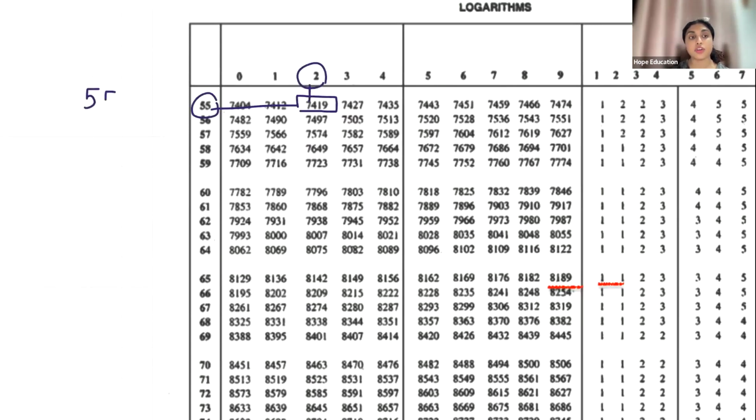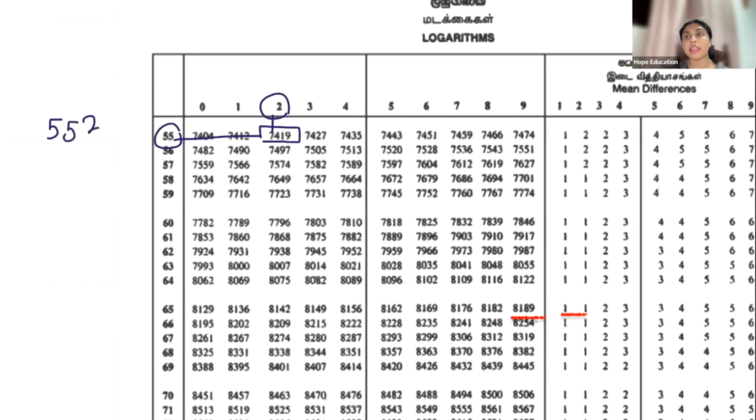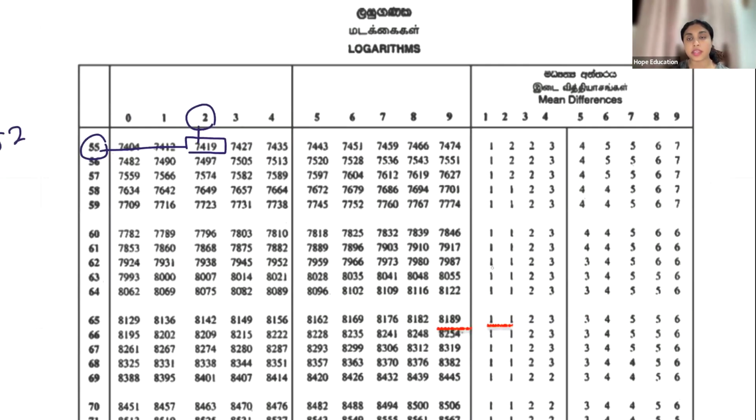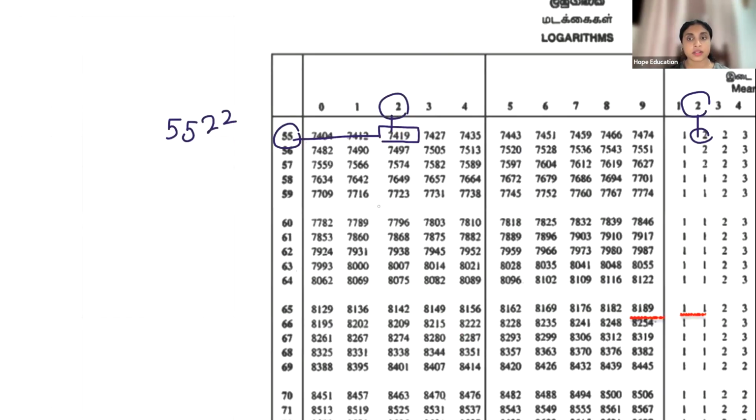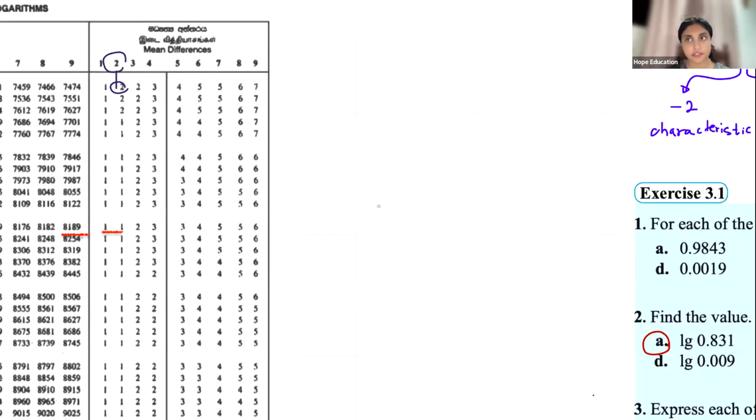I want 7421. ඒ කියන්නේ 19 ඉඳන් තව කොච්චරක් අඩුයිද? I need 2 more. So A2 මෙතනින් ගන්නවා. එයාට correspondent මෙතන තියෙන 2. So that would be 5522. Is it clear? 5522.